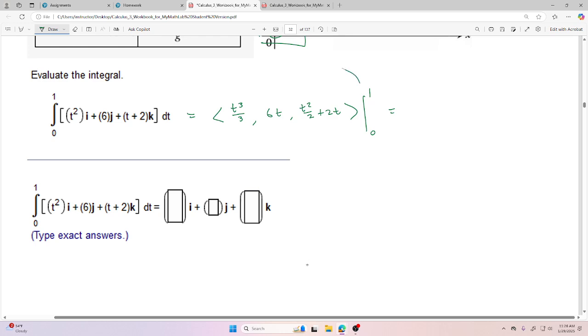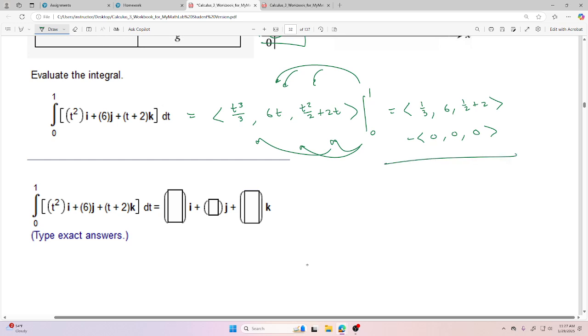So I'm going to plug in the 1, and then plug in the 0 after that. 1/2 plus 2 minus, and then we plug a 0 in each one. It's kind of silly, I know. And notice how I'm approaching this problem: I write them on top of one another.